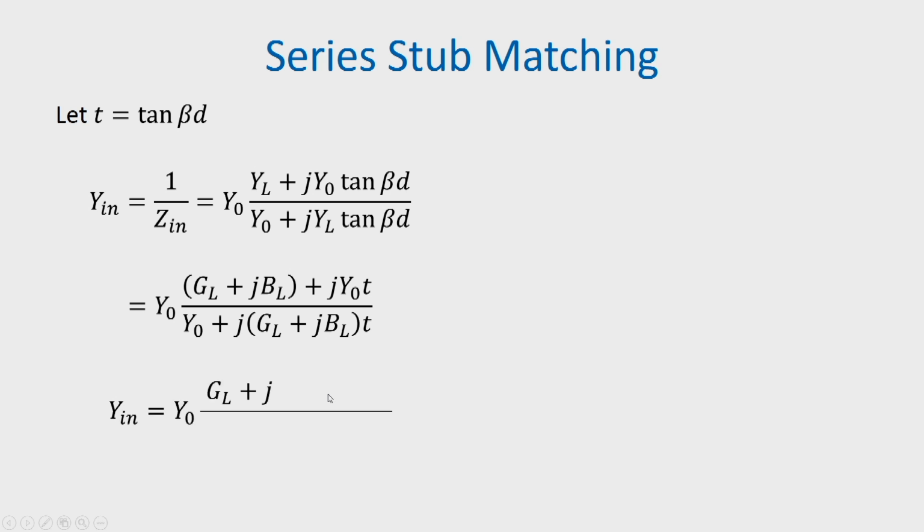we can write Yin of this form: Y0 (GL plus jBL plus jY0 t) divided by (Y0 minus BL t plus jGL t). So, what we can do?